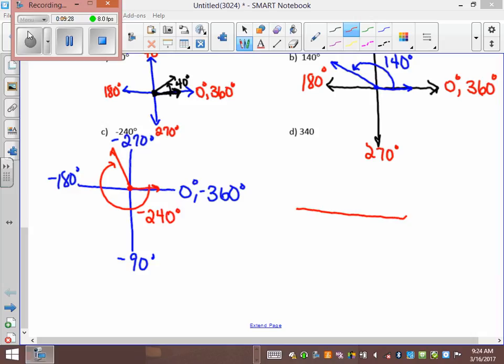And then 340: 0, 90, 180, 270, 360. It should have a degree symbol on it. We start here. 340 is 20 less than 360, so it'd be like this.